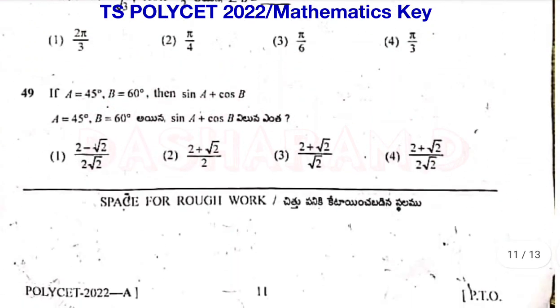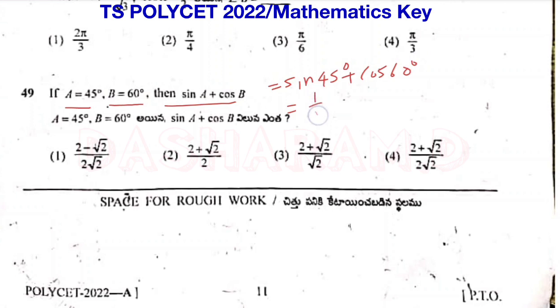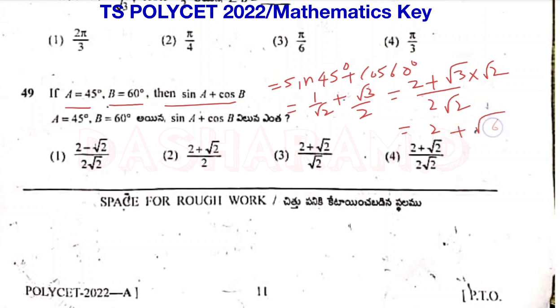Next, question number 49. If A equals 45, B equals 60, then what is sin A plus cos B? So sin A is sin 45, cos B is cos 60. So sin 45 is 1 by root 2, cos 60 is root 3 by 2.